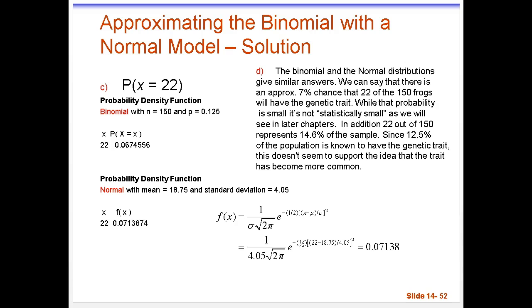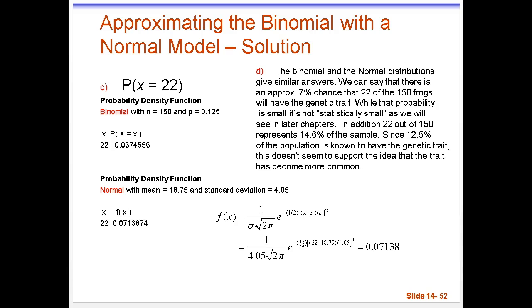Also, if you take 22 out of 150, you're going to get 0.146. So 14.6% of our sampled frogs have the genetic trait. But we know that of the total population, 12.5% of them have the genetic trait. Now 14.6 is not radically different from 12.5.